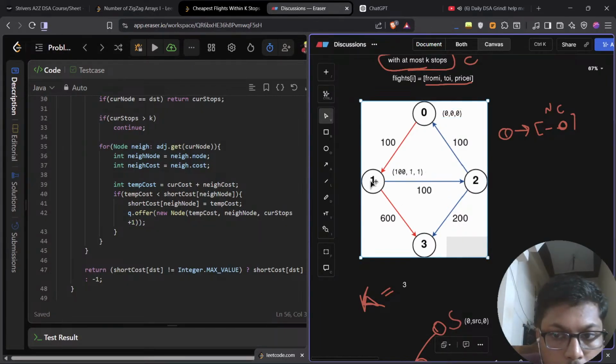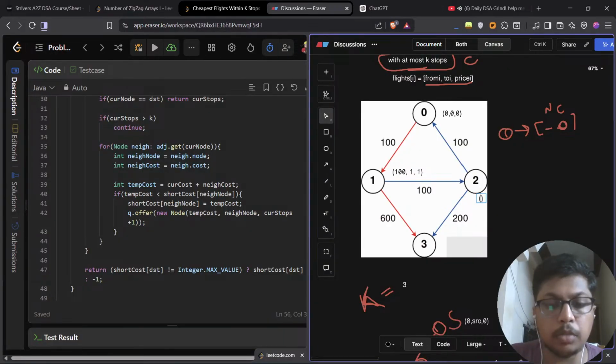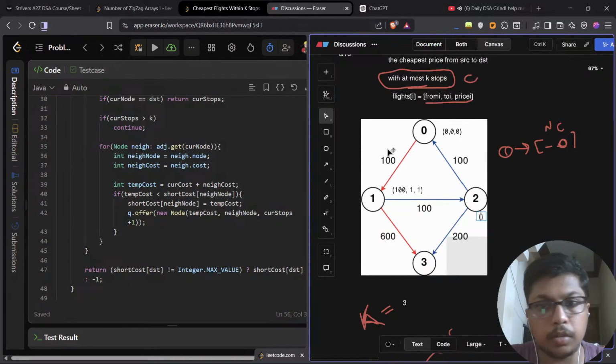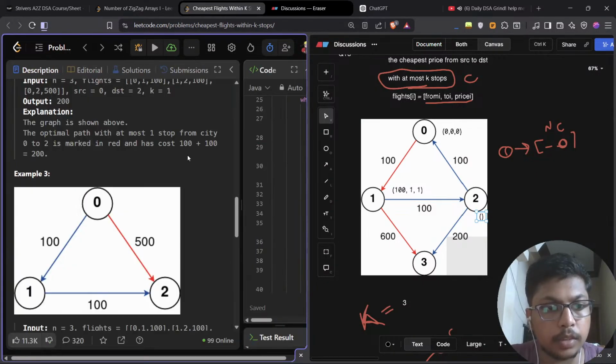Let's take the first part. Right, let's take this part. It shows that now the cost has become 200. Before that, it says, hey, my k is equal to 1, right? So for this example, k is given as 1.